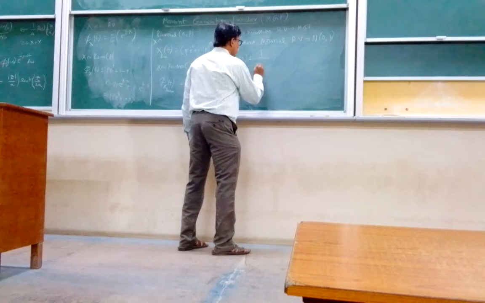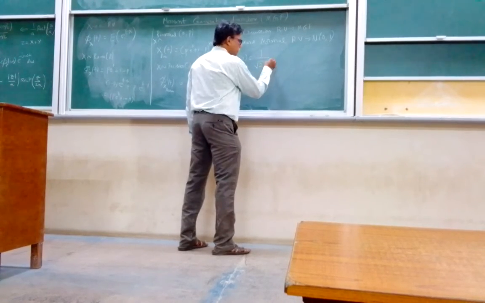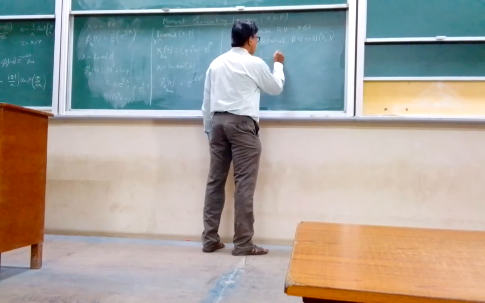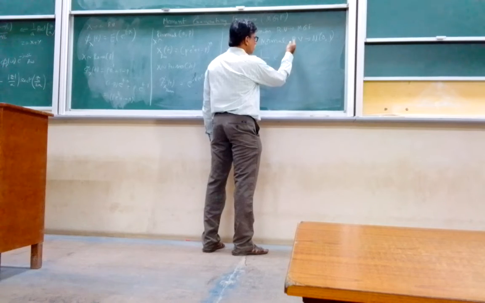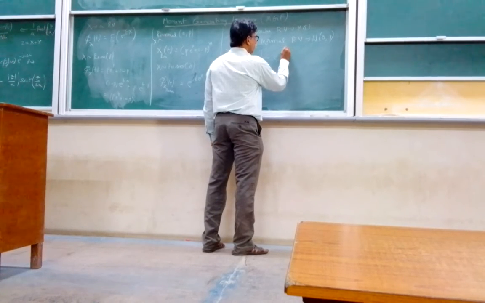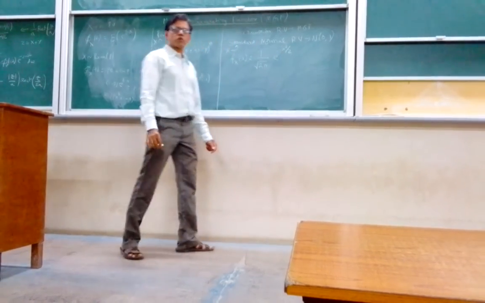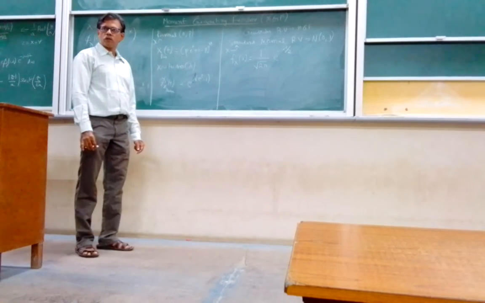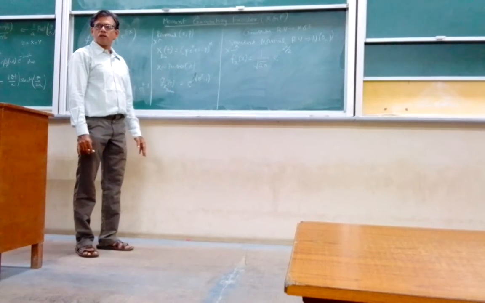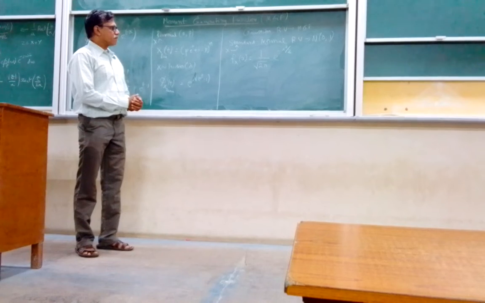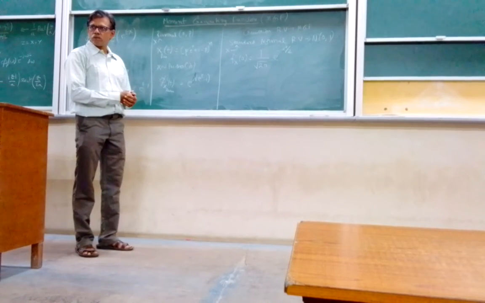It is 1 over root of 2 pi into e power of minus x squared by 2. So this is the density function of the standard normal.